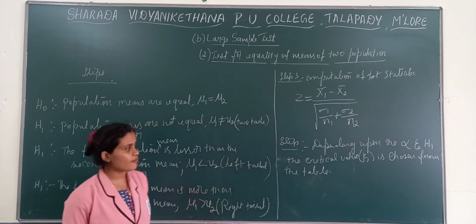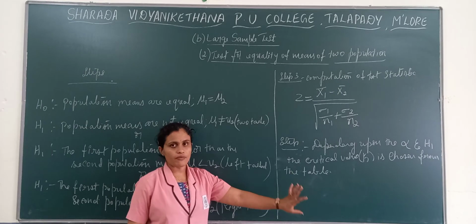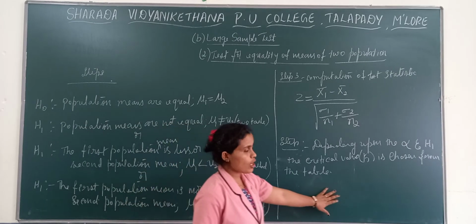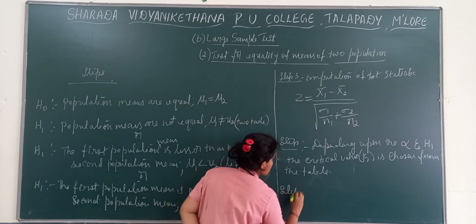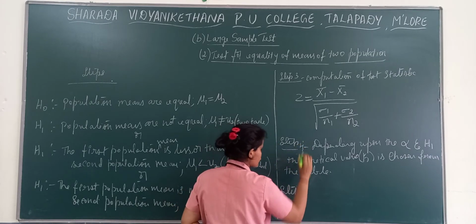After taking the critical value from the table, we have to analyze whether it falls in the acceptance region or rejection region. That is the last step, the fifth step.